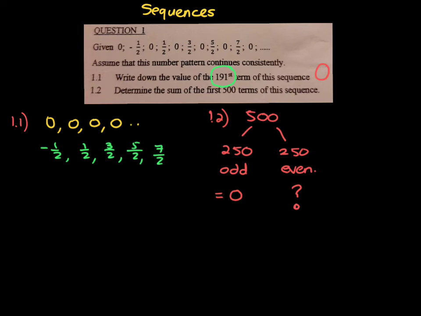Now, if you look at the even terms, we can see that they all have a difference of, I'm sure you were saying something there. And the difference, yes, is not half, it's 1. So each time we have a difference of 1, we are adding 1.